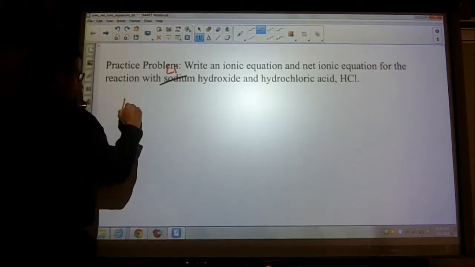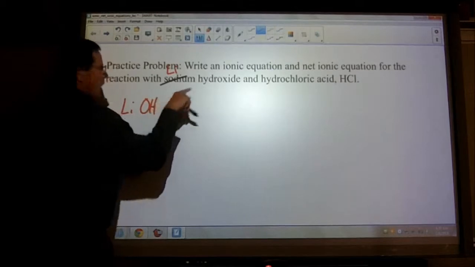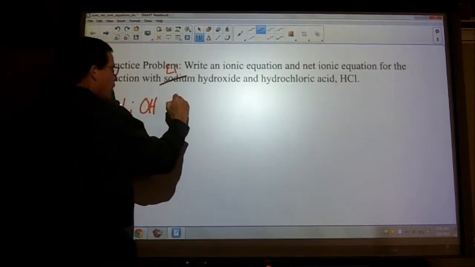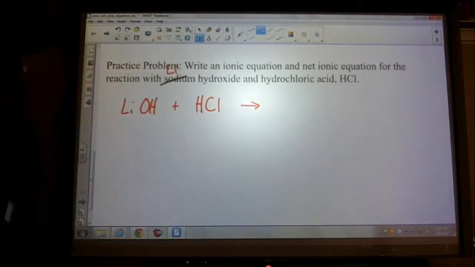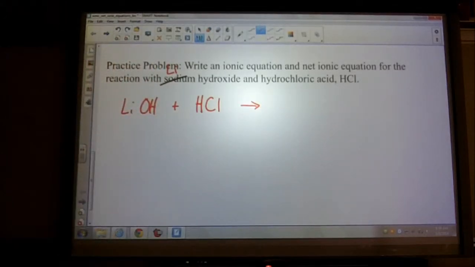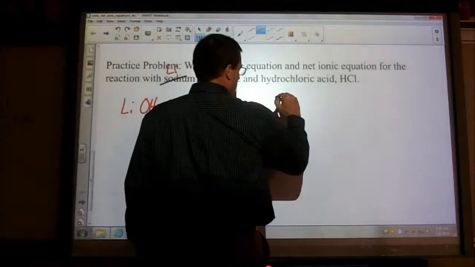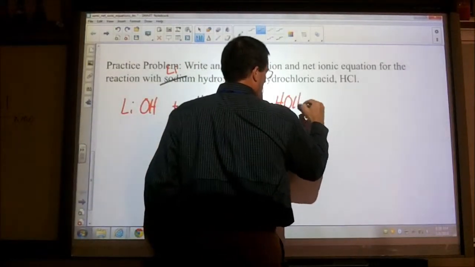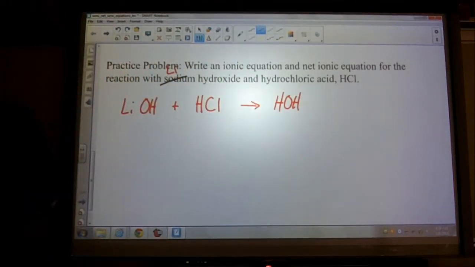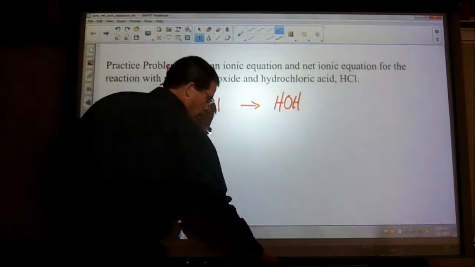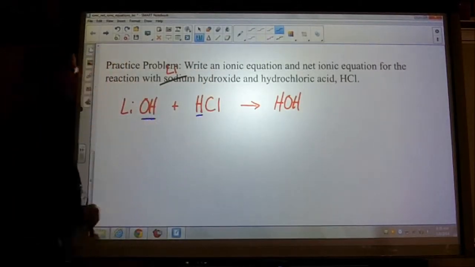So here we have lithium hydroxide, and again, I'm changing that for those of you who are just joining us, and hydrochloric acid. So what will my products be on the other side? Good, H2O, and if you want to write it as H2O, that's fine. HOH is the same thing. The reason why I write it as HOH, that's actually the proper way to write water because of the hydrogen and hydroxide.